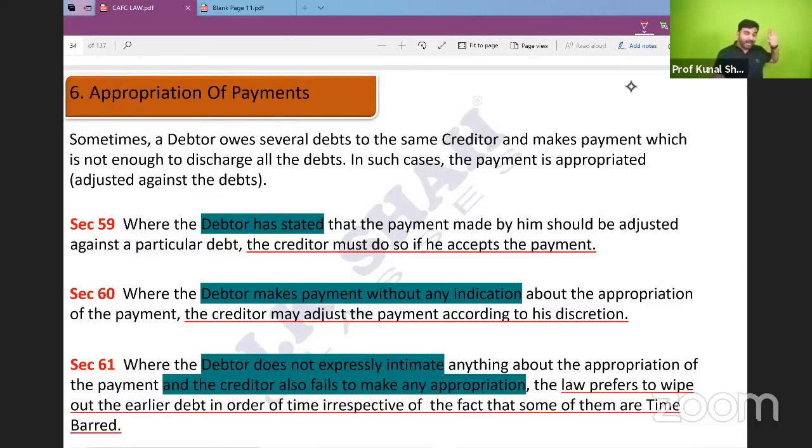If the debtor fails to appropriate the payment, then the creditor can apply the payments. If the creditor thinks that okay, this and this amount have been received, then those amounts are ticked as received. However, if the debtor failed to appropriate and the creditor also failed to appropriate, then appropriation will be done by law, and law will always and always appropriate them in ascending order.